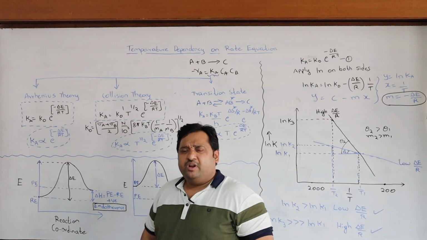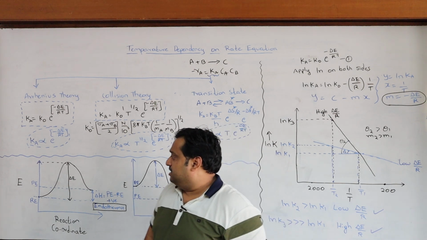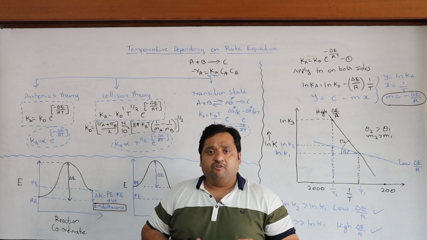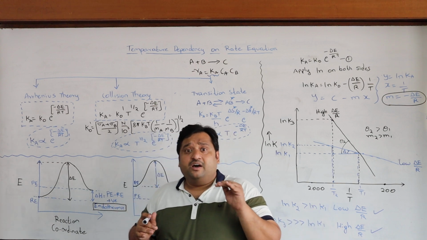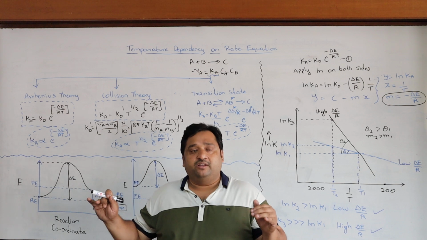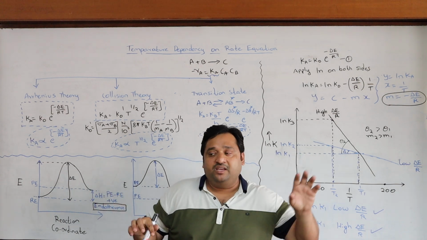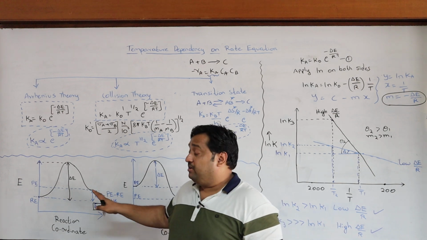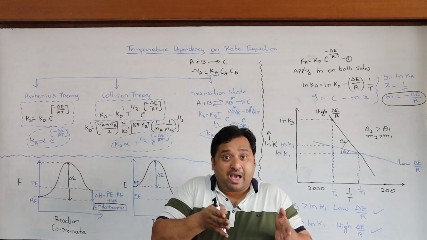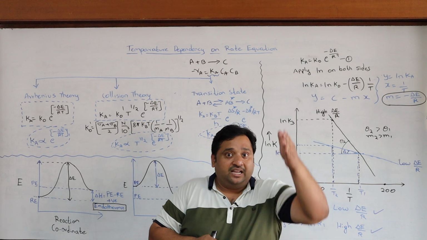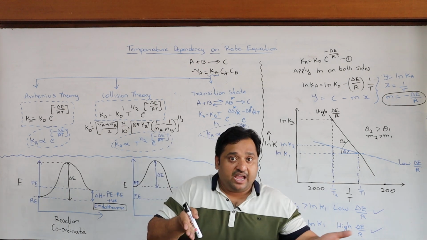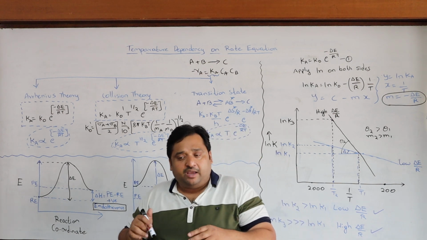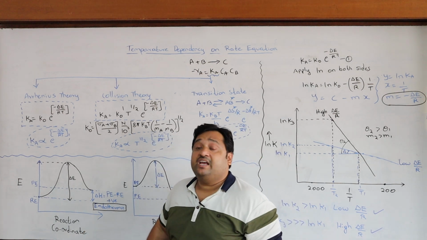Let us discuss this a bit further. Suppose a reaction happens, reactants go to the product. Reactants have some energy, products will have some energy. That is what this energy diagram shows. You plot energy on the y-axis, and the x-axis is the reaction coordinate.